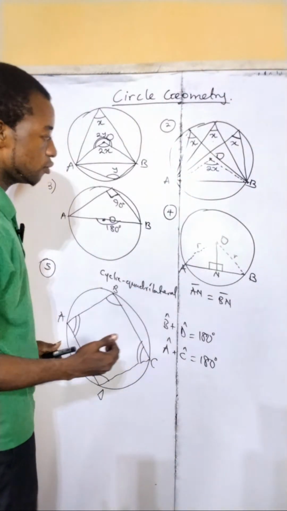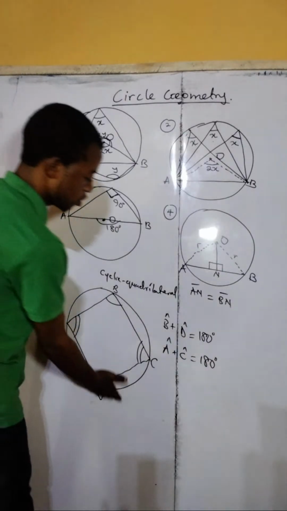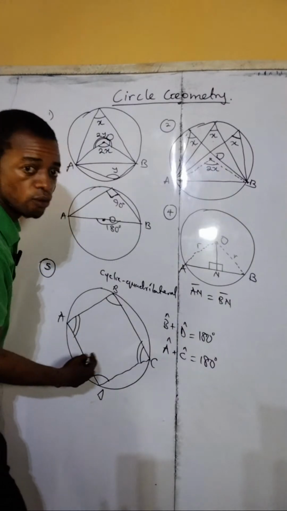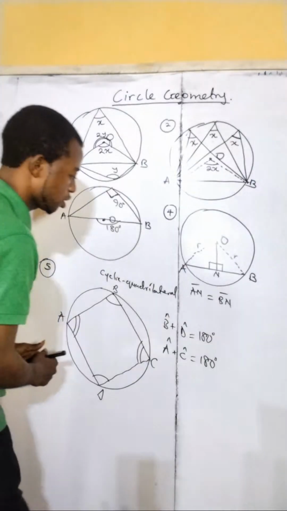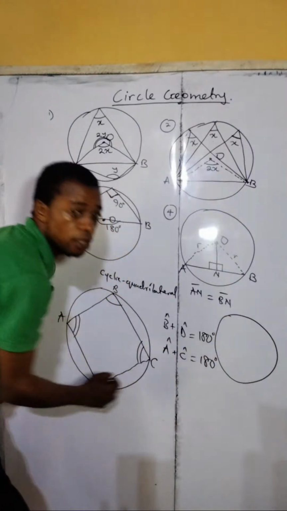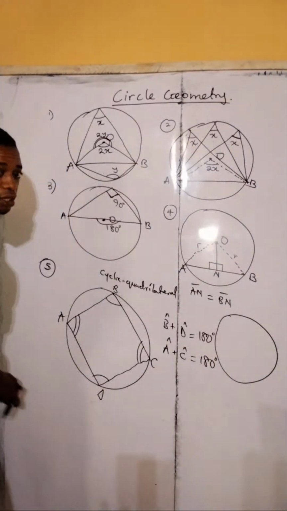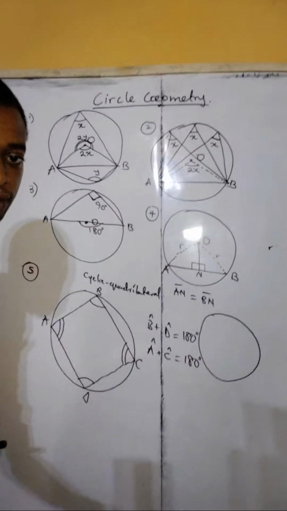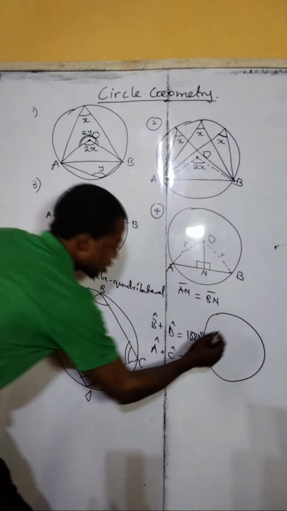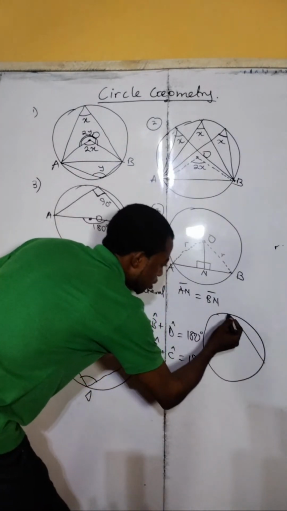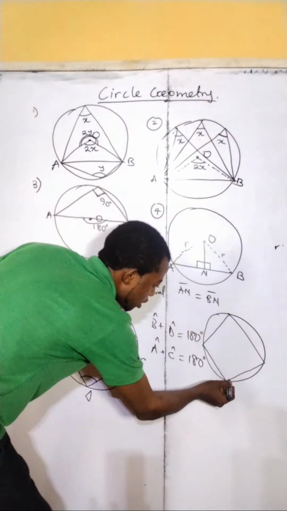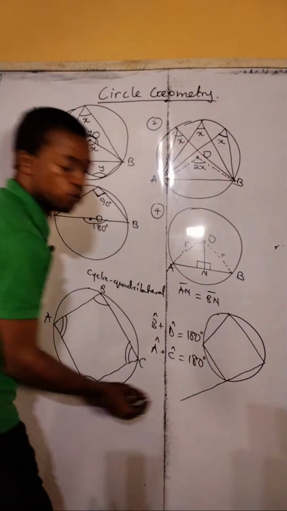And also we have an extension of this theorem, which is the exterior angle of a cyclic quadrilateral. That is, when we have a cyclic quadrilateral, a quadrilateral inscribed in a circle, and one side is extended, let's say this side now is extended, that is prolonged out.